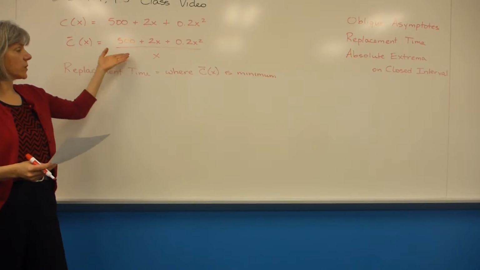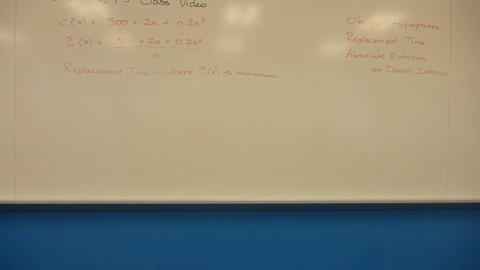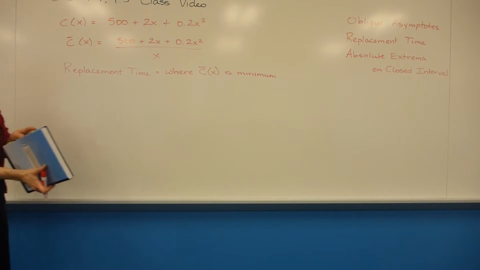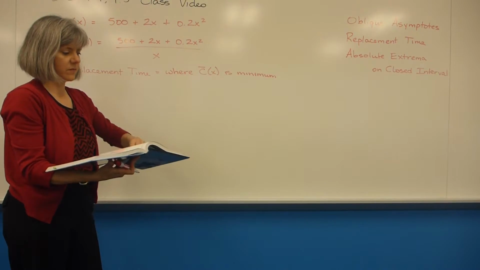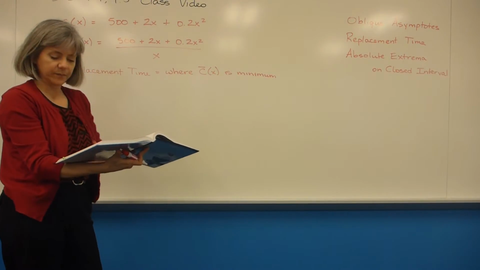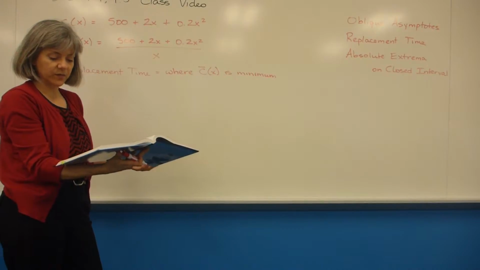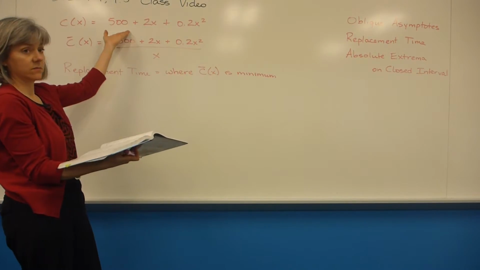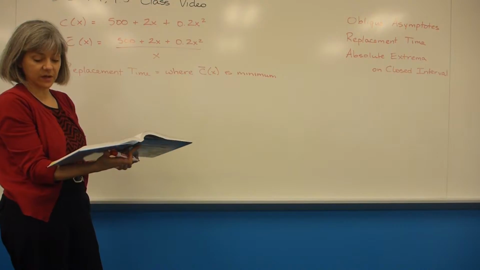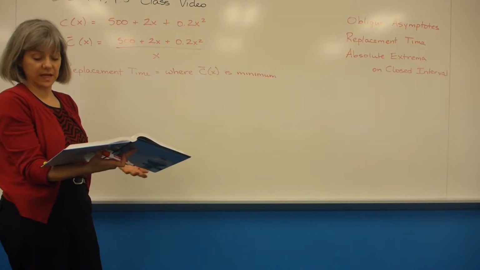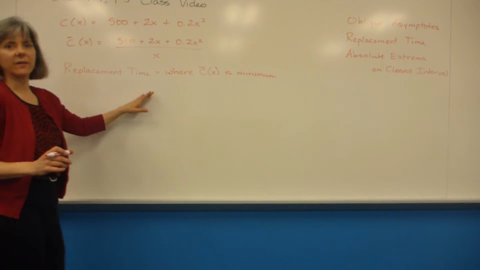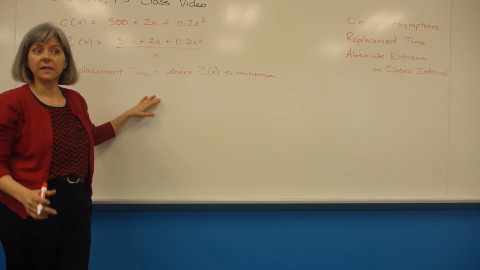Okay, it says the total cost in dollars of producing x city bikes is given by this. So sketch the graphs of the average cost function and the marginal cost function, include oblique asymptotes, and find the minimum average cost. For your assignment, I've said that you can do the graphing using Desmos or your calculator, that's fine.